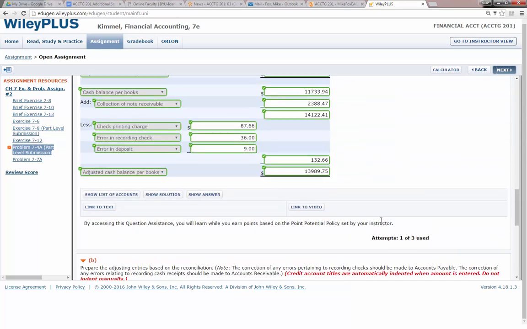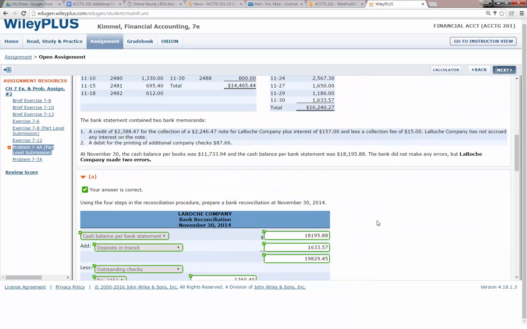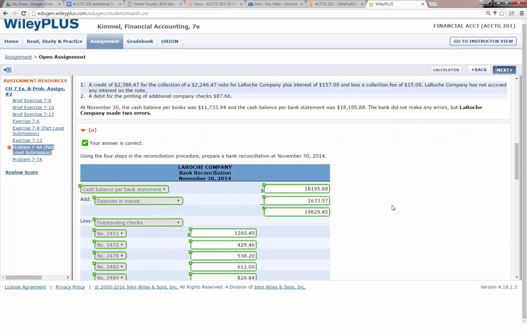So if you remember, it gives us all this information up here, and this is going to help us make the entry. It says a credit of $2,388.47 for the collection of $2,246.47 for a note for La Roche plus interest of $157 and less a collection fee of $15. So we've got to account for all of that in our entry. So the first thing that's going to happen is our cash will go up by this amount, $2,388.47.